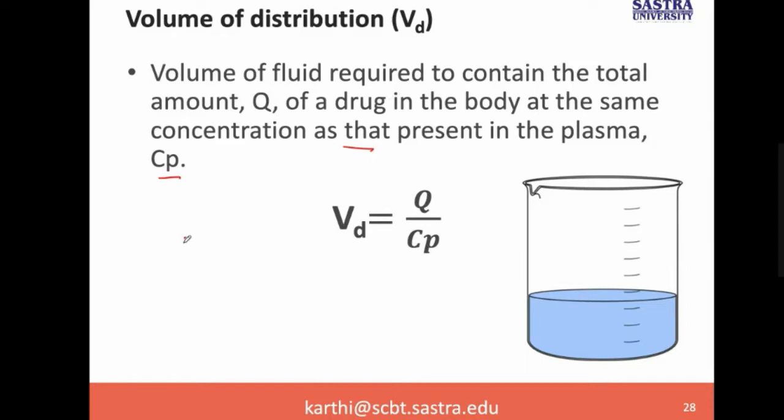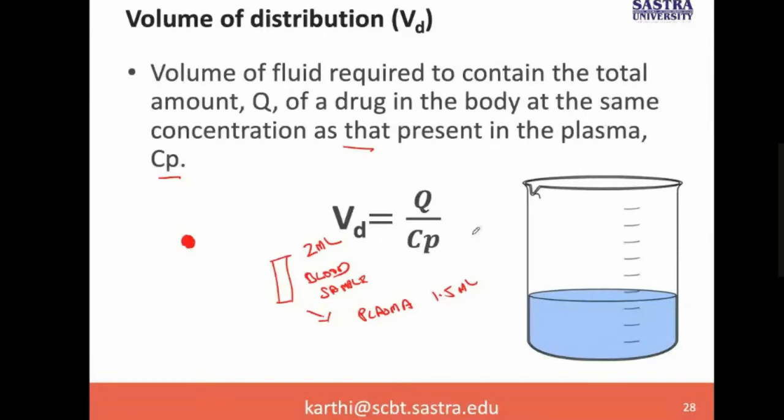Say for example you are taking some drug molecule. After a period of time, you collect a blood sample and isolate the plasma from it. Say you collected 2 ml of blood and isolated 1.5 ml of plasma.